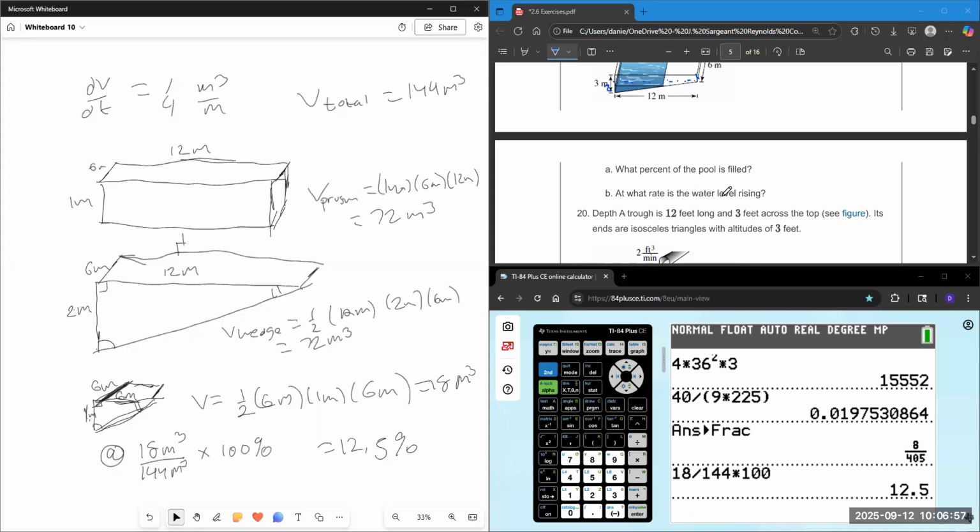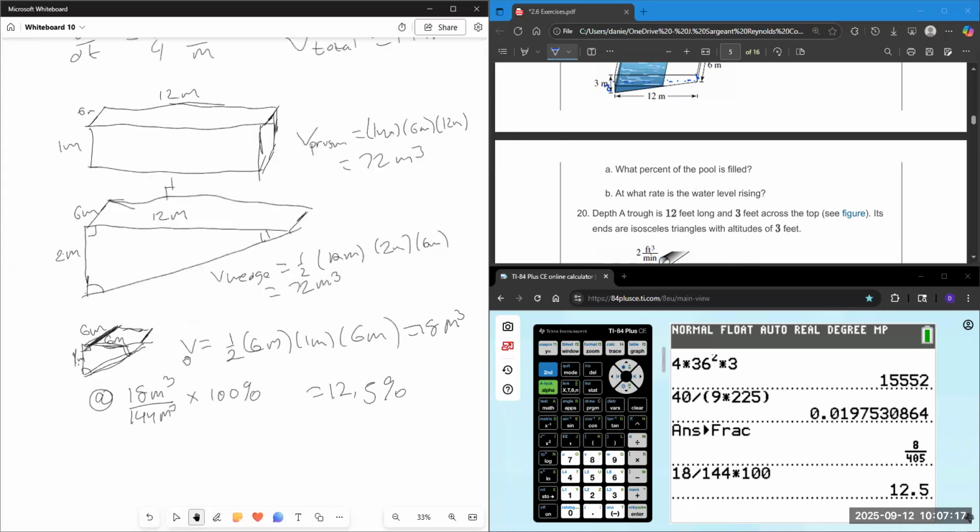So what rate is the water level rising? We need to think about right now in this situation, we're not up to the rectangular prism yet, right? So we're not filling that part, we're only filling the wedge.